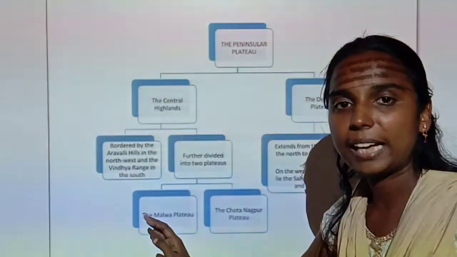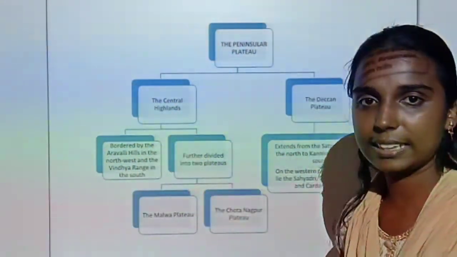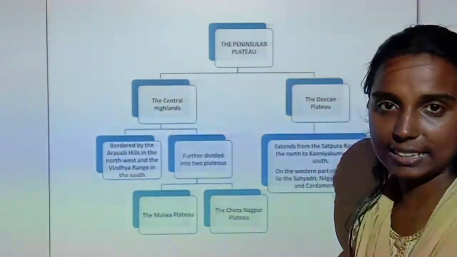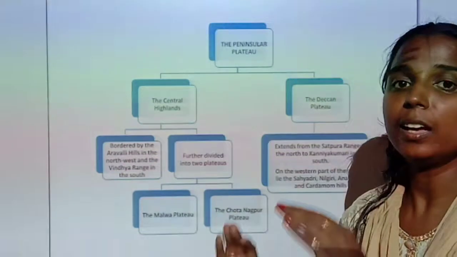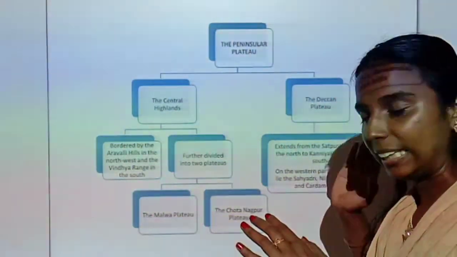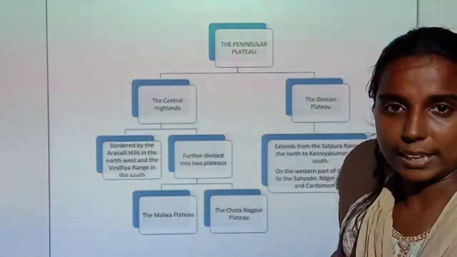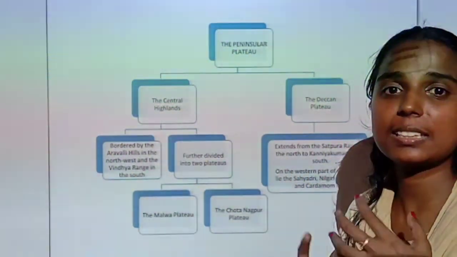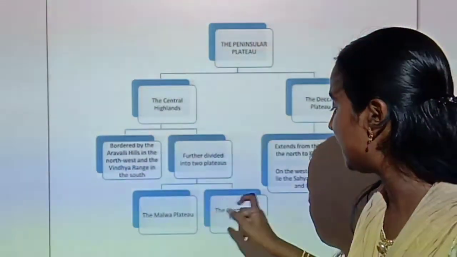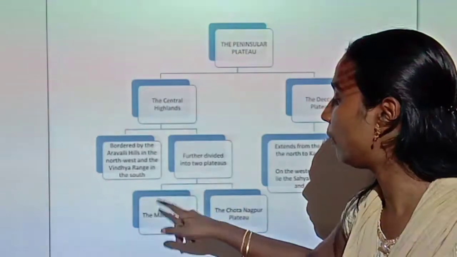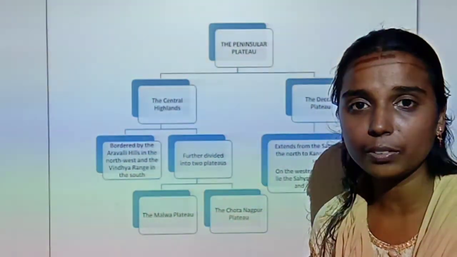The Malwa Plateau forms the western side of the Central Highlands and the Chota Nagpur Plateau forms the eastern side. We have also seen the important rivers and places covered by the Malwa Plateau and the Chota Nagpur Plateau, right?